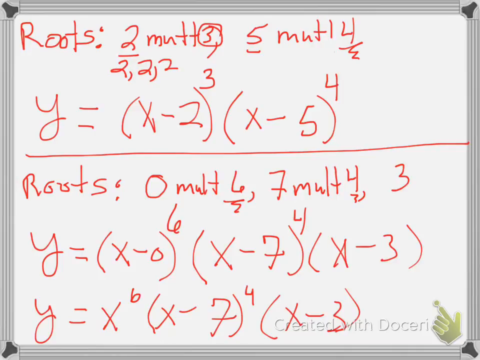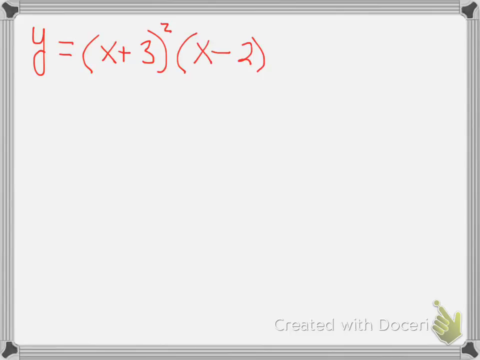Okay? Now, let's take a look at an equation. Let's say we had x plus 3 squared, x minus 2 cubed, and x minus 4 squared. Now, remember we talked about even and odd multiplicity.